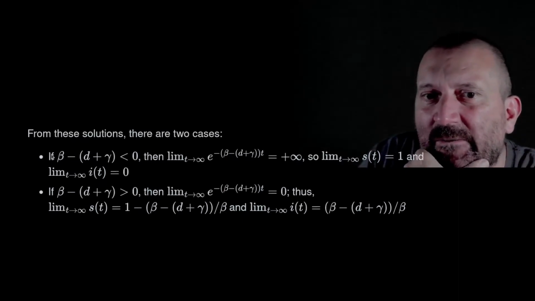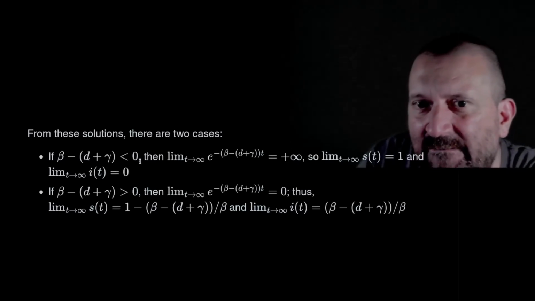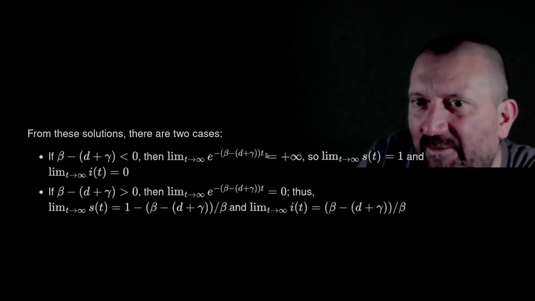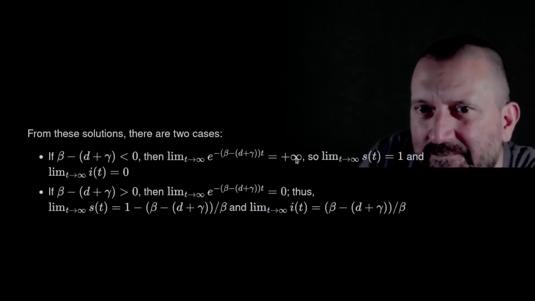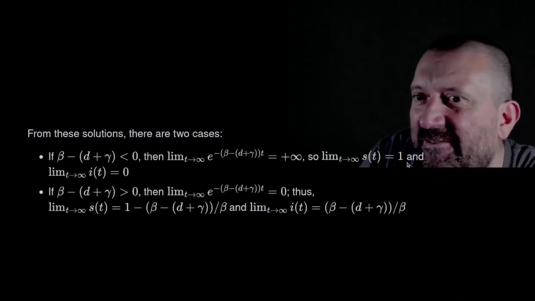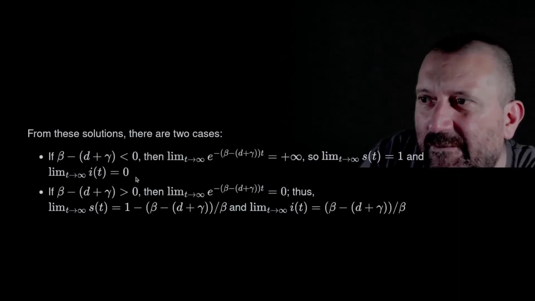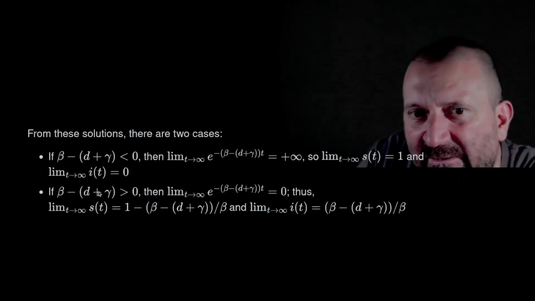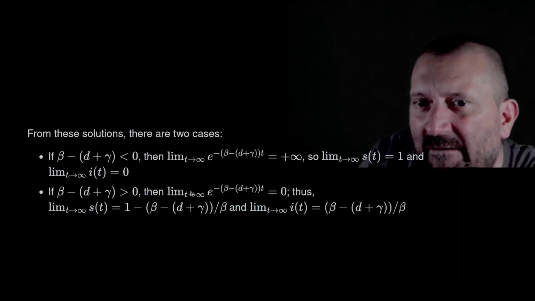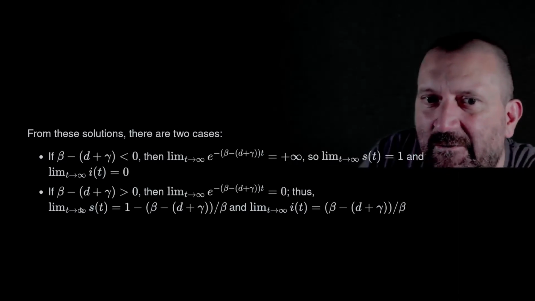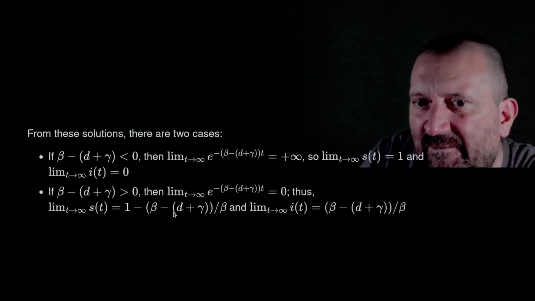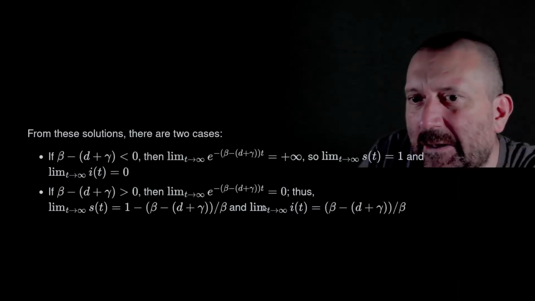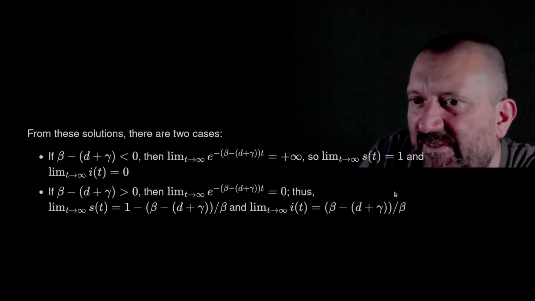If beta minus d plus gamma is negative, then the limit of this exponential term is plus infinity. And so S of t goes to 1 and I of t goes to 0. Whereas if beta minus d plus gamma is positive, then the limit of the exponential is 0. And what we have is that the limit of S of t is this, and the limit of I of t is this quantity.